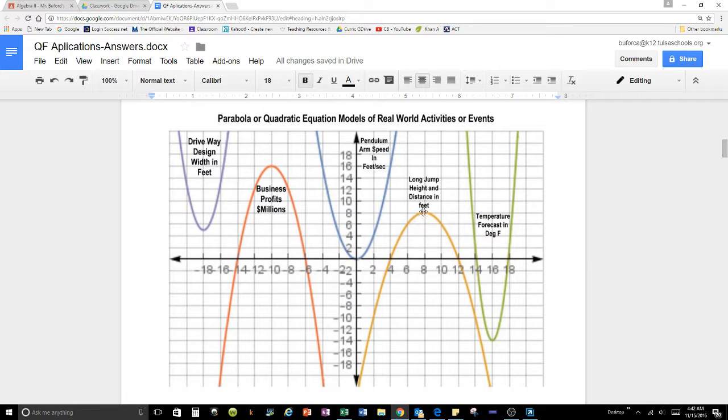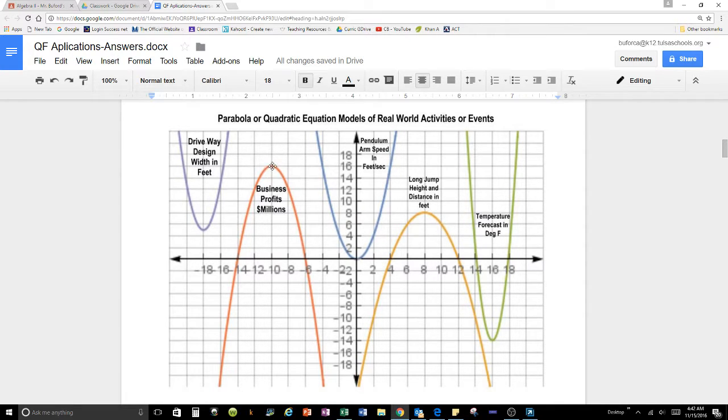We can find the h and k by just getting the coordinates of the vertex. H and k here is 8 and 8. H and k here is 0, 0. H and k here is minus 10, 16. H and k here is minus 18, 5. So it's the coordinates of the vertex, where you get the x value is here, the k value is here.